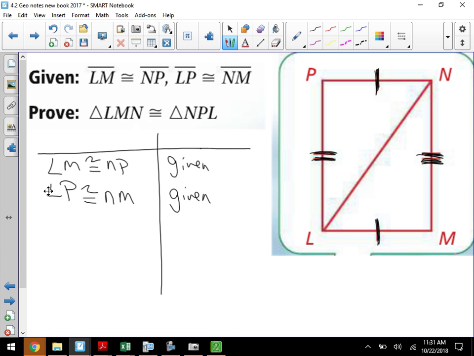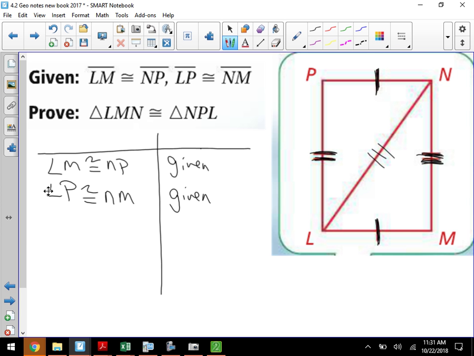Look at your progression sheet. When you look at your progression sheet, there should be a square that tells you about something that I see in this diagram. Okay, they share a side, right? What's the side that they share, guys? LN. They share LN. What is that called when you share a side? Reflexive property.